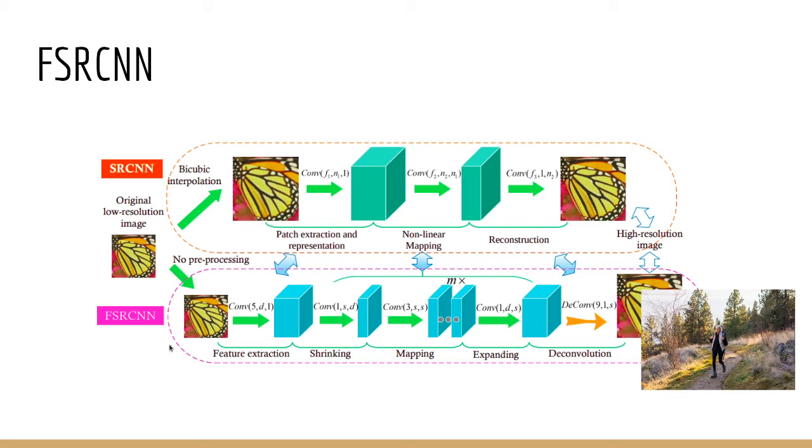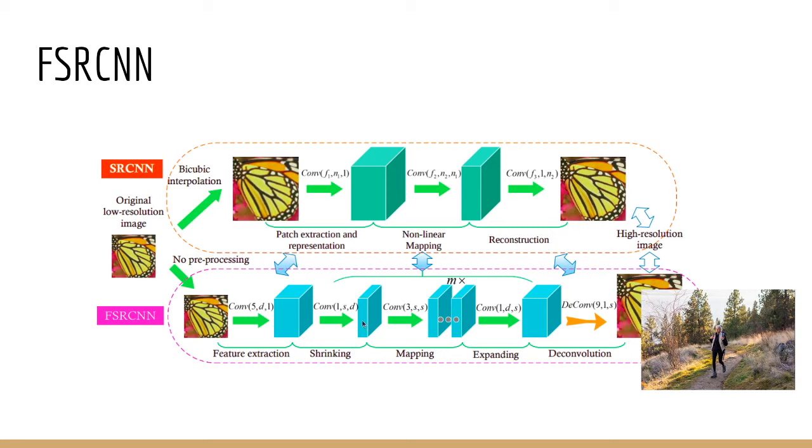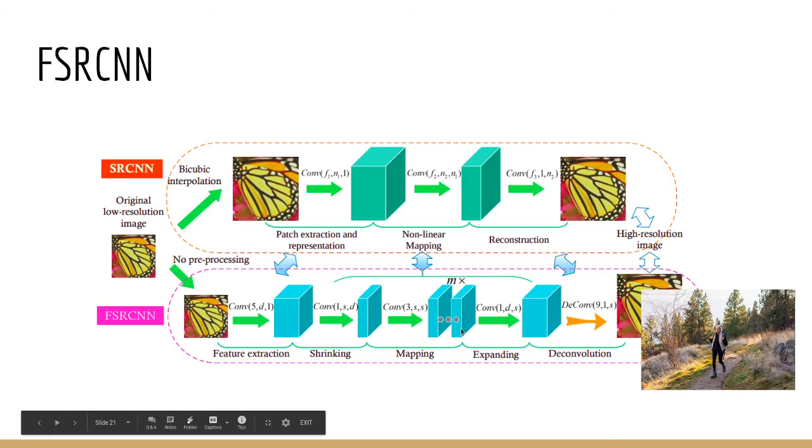With FSRCNN, what happens is you have a feature extraction first, and then you do a shrinking. That is, effectively you are doing a downsize of the feature maps. You're creating a higher level representation of the features compared to the raw features we extracted, and then the mapping happens between the shrunken features and the features to be expanded.